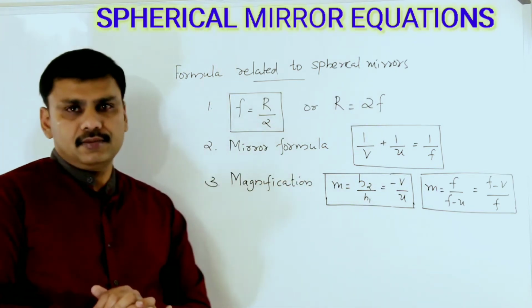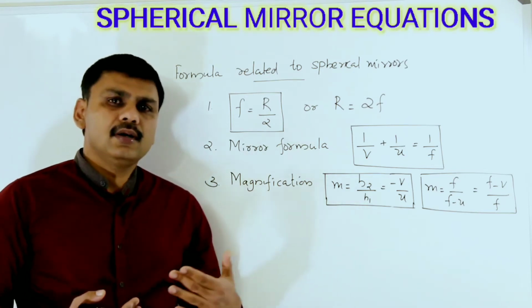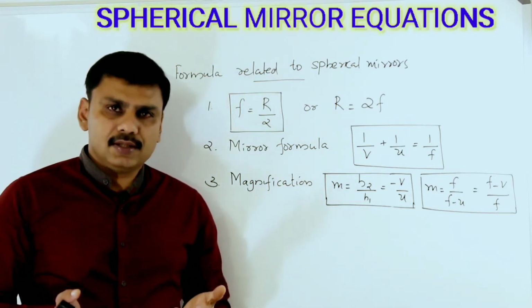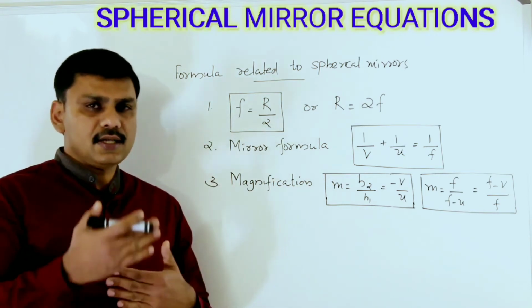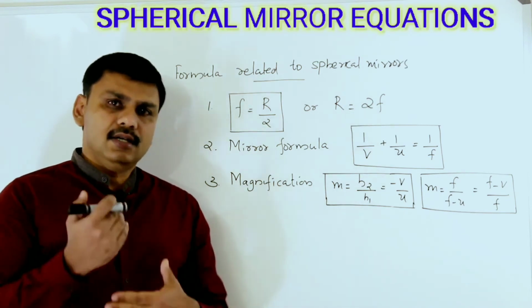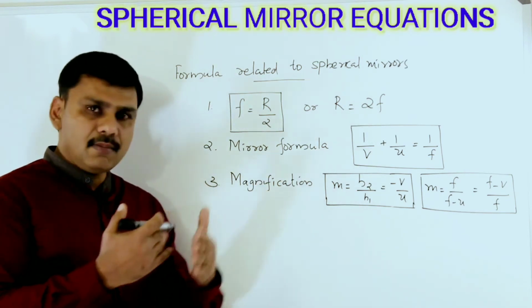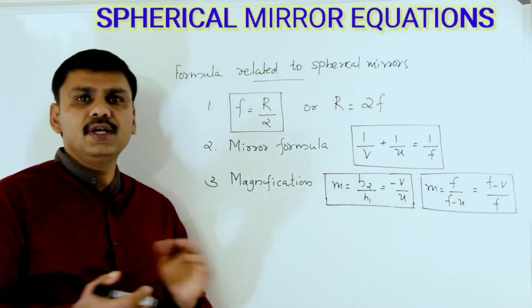Then magnification. What do you mean by magnification? You know that a concave mirror produces an enlarged image and a convex mirror produces a diminished image. So it is a comparison of the size between the object and the image.